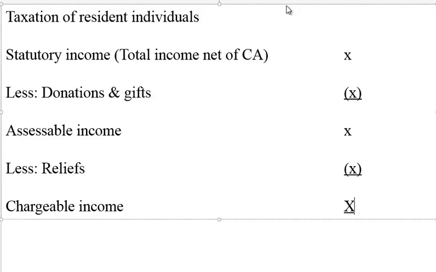It says value of approved deduction, cash or non-cash donation, times 2.5. Actually, this was the previous rate. Now it is 3 times. So you can change the 2.5 to 3.